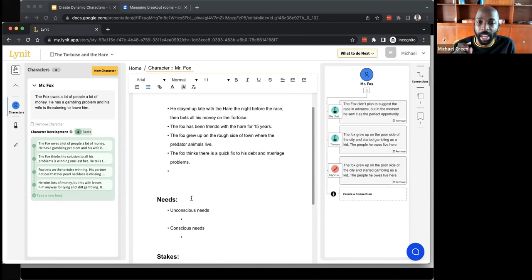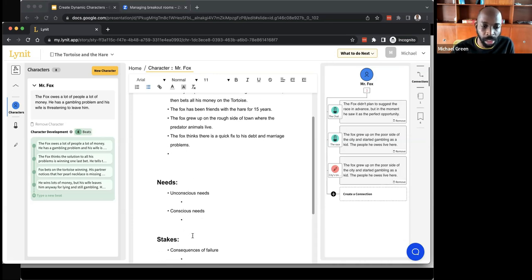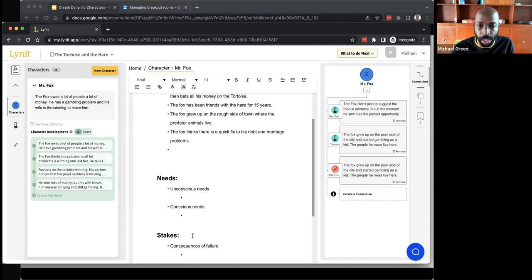His conscious need is that he knows he's in debt and needs to get out of debt, and that he needs to fix the problems with his marriage. So the conscious need is that he needs money fast to get out of debt, and he needs to fix problems with his marriage.